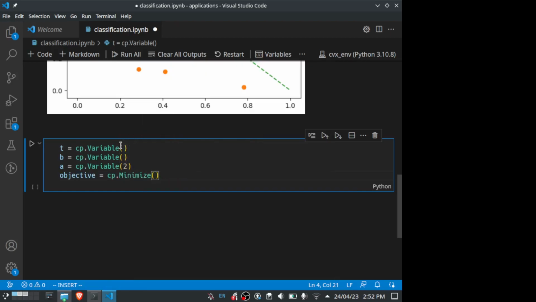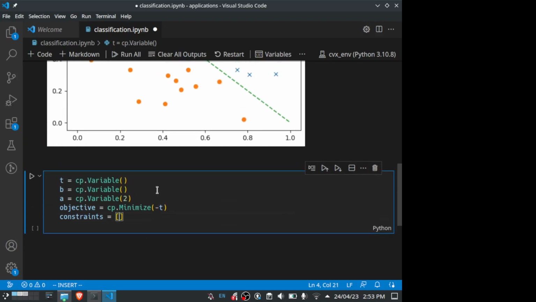Minimize minus t, subject to what constraints? A transpose x is less than or equal to b minus t.